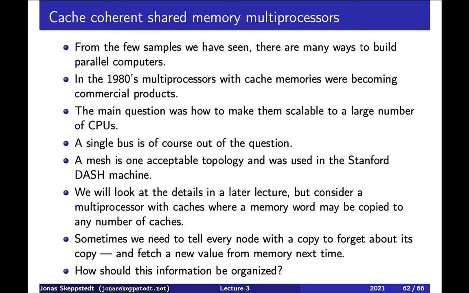They were typically based on a single bus, and how many CPUs and memory modules can be connected to a single bus? Well, it depends on the application. If a single bus is the common medium of communication, and there are too many memory accesses at the same time, then it will be the bottleneck.